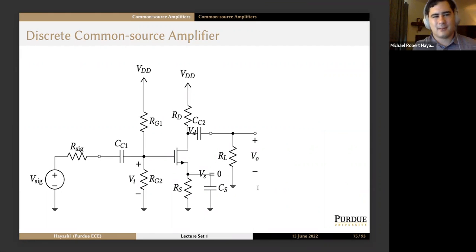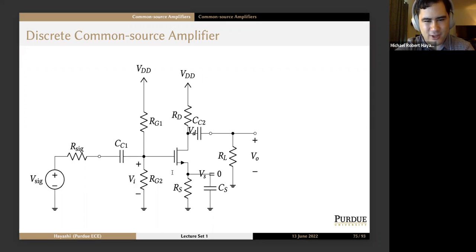So if you wanted to say, okay, what does this amplifier look like if you were to actually breadboard it and care about both the DC and the AC components, here's what it would look like. Here we can see we apply Vsig and Rsig, our AC signal, and then it goes through CC1, which is called a coupling capacitor, into this 4-resistor biasing network that looks very familiar.